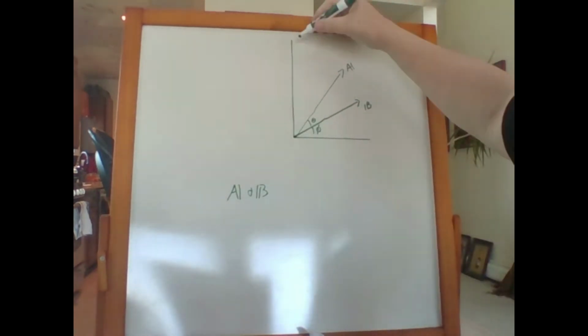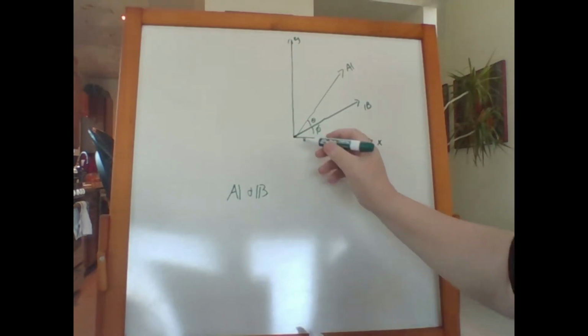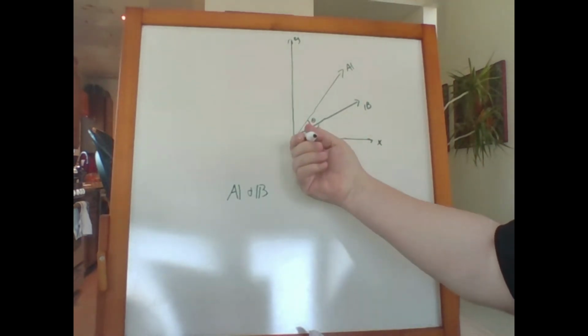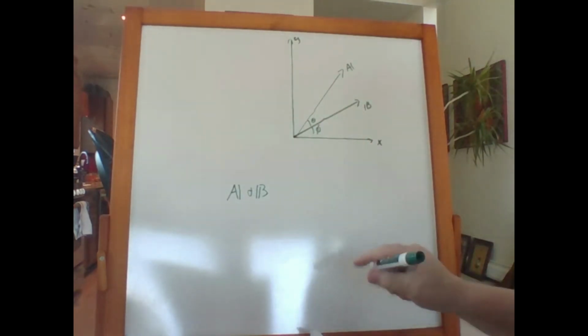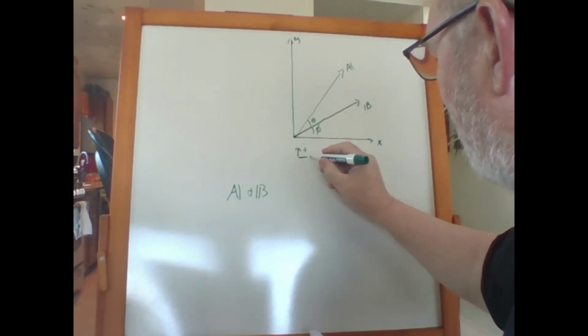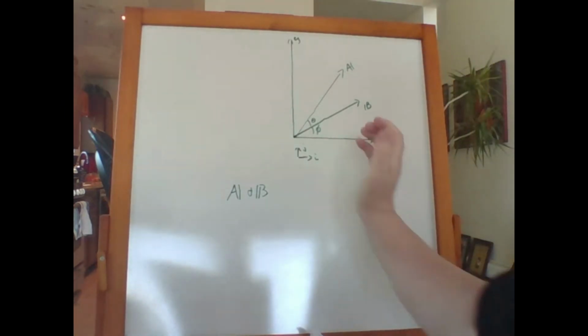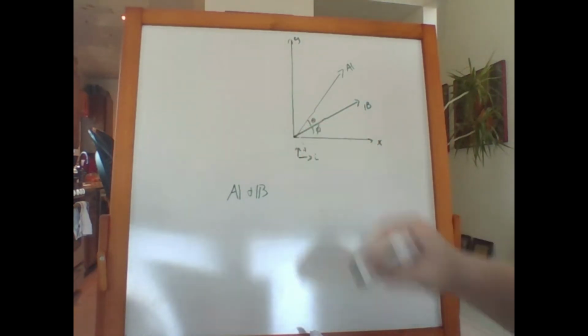This is something we did before. This is x, this is y, and we can make believe a z component is coming out of the board. Okay, so I cross j, if we had unit vectors I and j, would come out of the board like that.